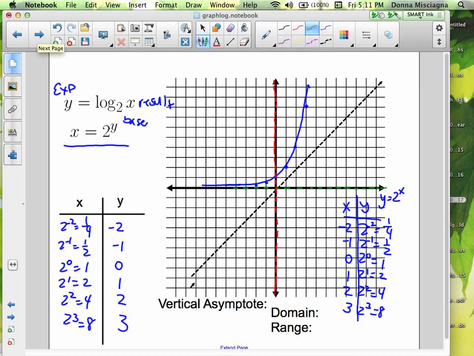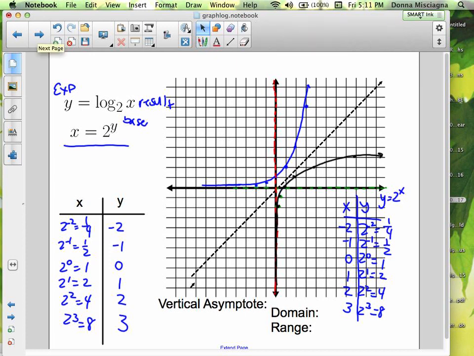So 1/4, negative 2; 1/2, negative 1. Actually, I'm going to graph that in black so it doesn't blend into that asymptote there. And 1, 0; 2, 1; 4, 2; and 8, 3. So here is our logarithmic graph. Oops, I just missed that point. There we go.